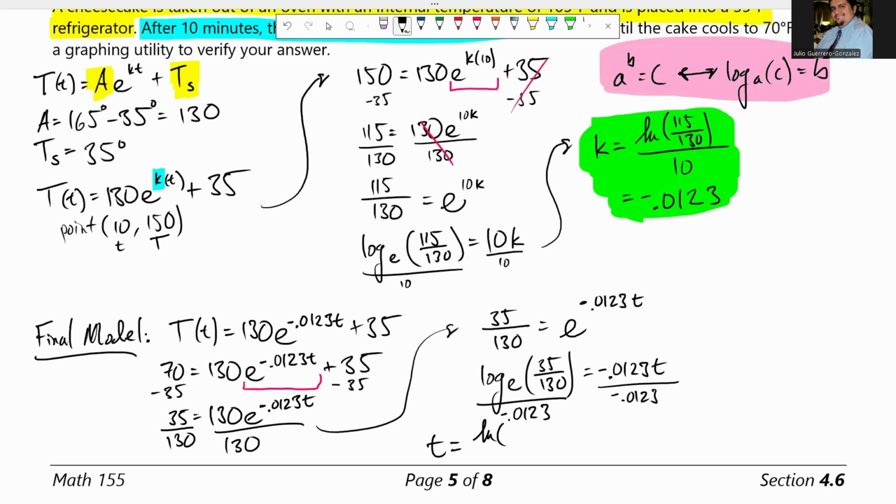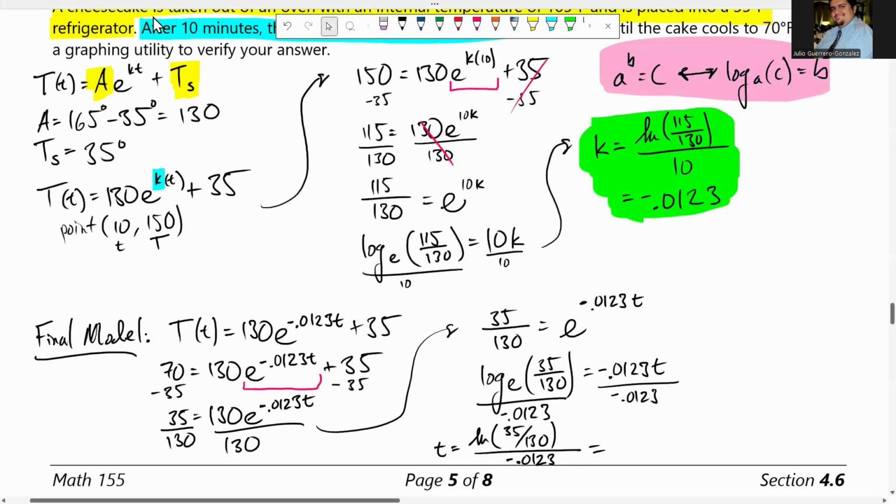And I need to give myself some room, don't I? Or maybe I should just not write that big. How about that? t is ln of 35 divided by 130, divided by negative 0.0123.